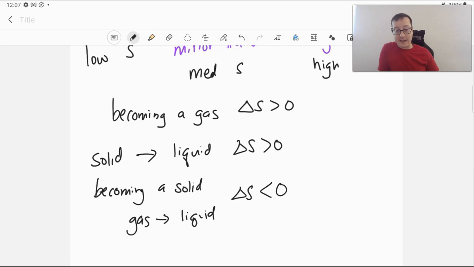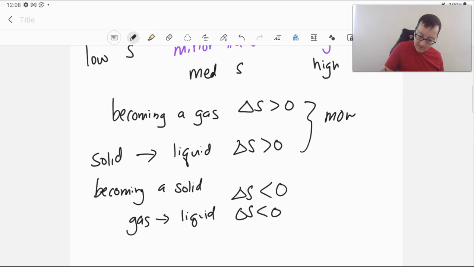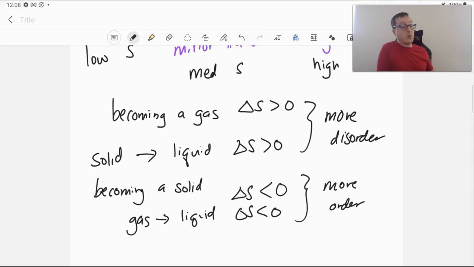You'll have a negative delta S. You're becoming more organized. You're taking away the freedom of motion. And so for both of those, the delta S will be less than 0. All right, so that'll be negative entropy where we're getting more orderly. More disorder for these processes, more order. So that's one way we can predict what's going to happen in terms of our qualitative approach to whether S is increasing or decreasing throughout this process.